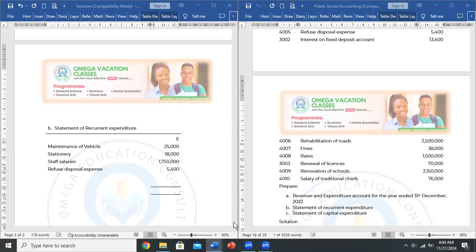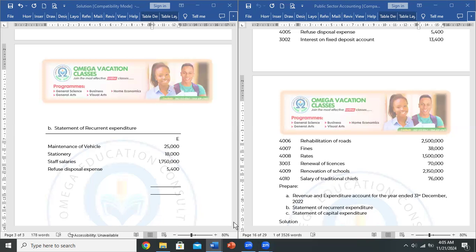And as they rightly put it, the benefit resulting from the rehabilitation is going to last for a longer period. If you do rehabilitation this year, all other things being equal, the next rehabilitation will be in about 10, 15, 20 years. It just so happened that in our country, Ghana, we rehabilitate a road and it doesn't even take 3 months.